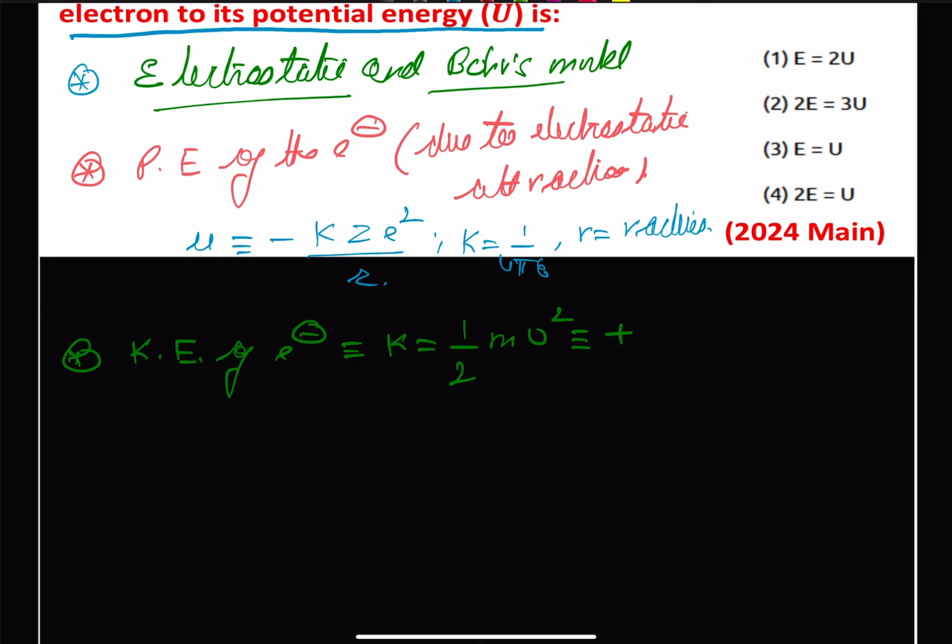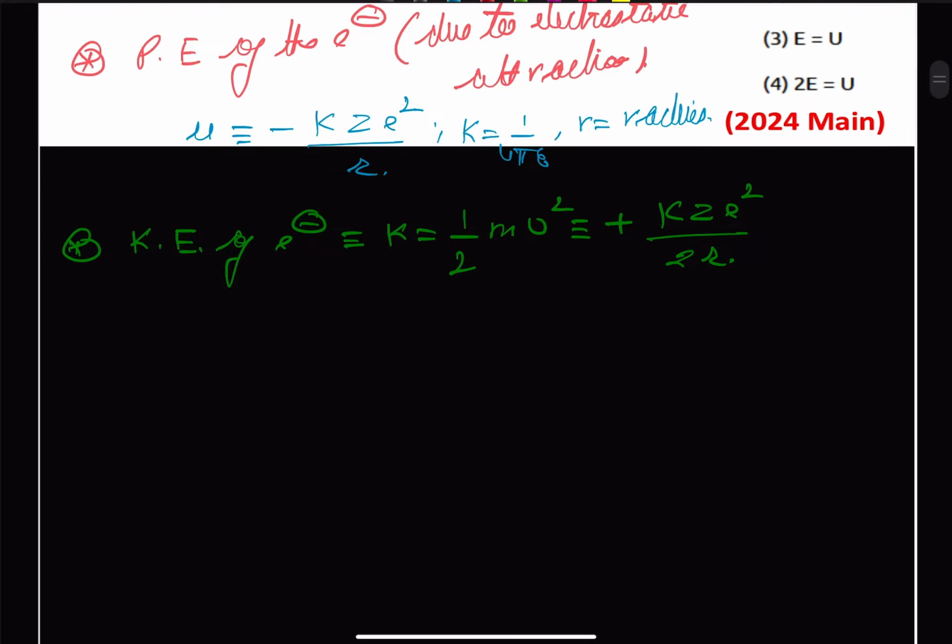So it comes as positive k z e square upon 2 multiplied by r.